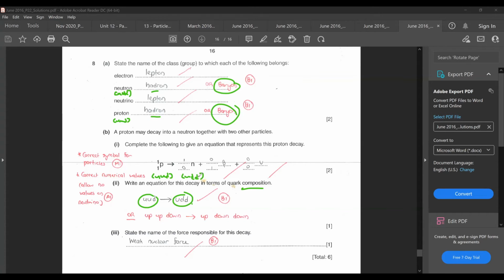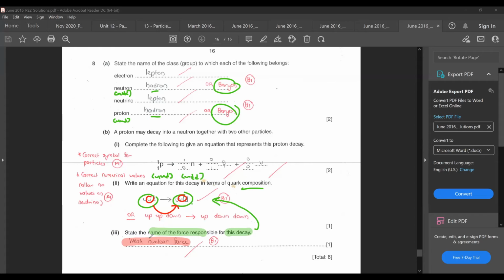Now, state the name of the force responsible for this decay. What is the name of the force responsible for this, where your quark is changing to a different type? As I mentioned just now in the last page of the notes, the one that is responsible for your quarks changing flavor is your weak nuclear force or your weak interaction.